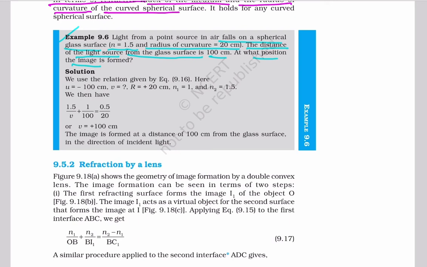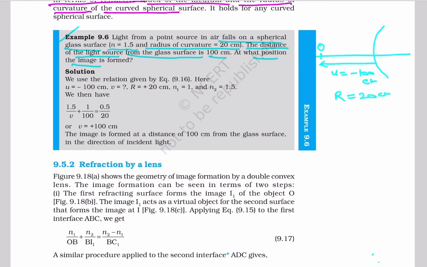So basically, we are given the distance of the object from the spherical glass surface. Suppose this is a spherical glass, and this is the principal axis, and the object is here at a distance u is equal to minus 100 centimeter, and radius of curvature is equal to 20 centimeter.